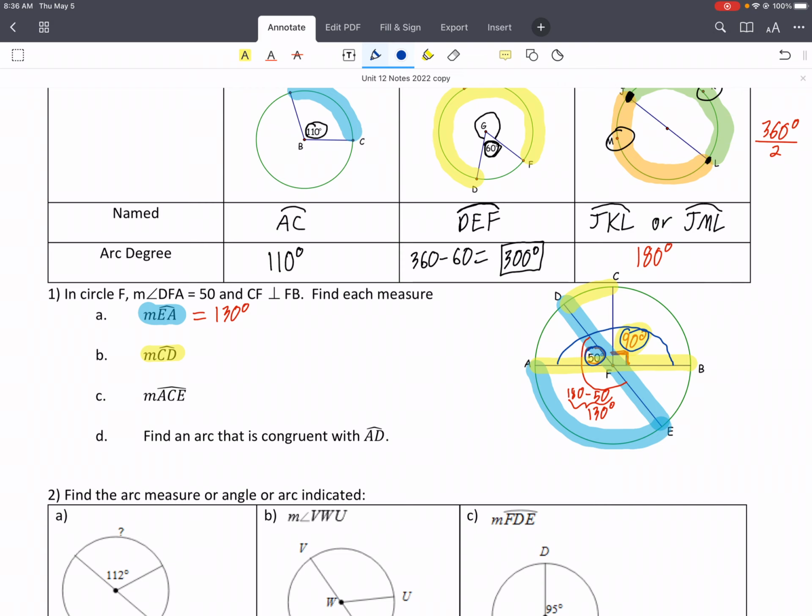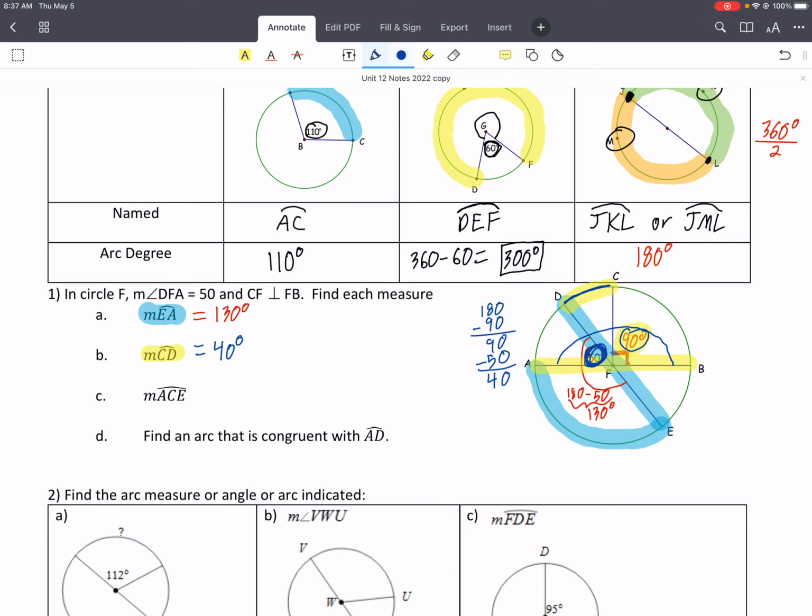So to figure out what CD is, we just have to take 180, subtract 90, which gives us 90, and then we have to subtract 50, which gives us 40, and voila. So the measure of CD is 40 degrees.